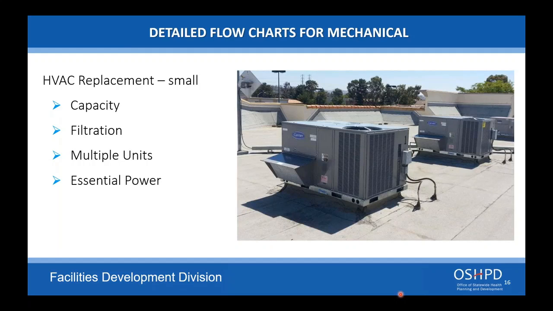And that's where we get into the essential power here. Essential power may be required at the subacute that wasn't triggered before, and it would need to be brought in for that unit. But not all the units, just the ones serving the subacute area.